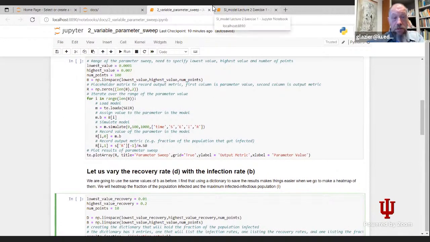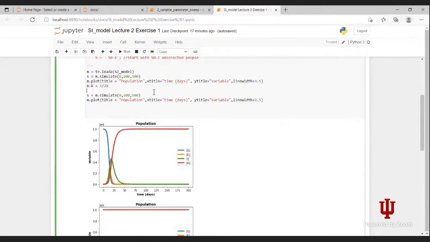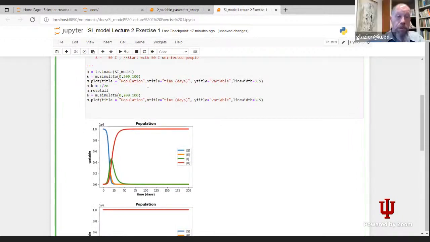That's one that you probably should be trying to remember. It's m dot resetAll, camel case. Actually, not the reset part. Oh, okay.